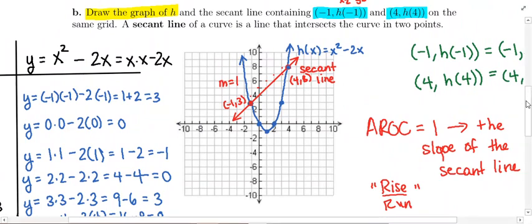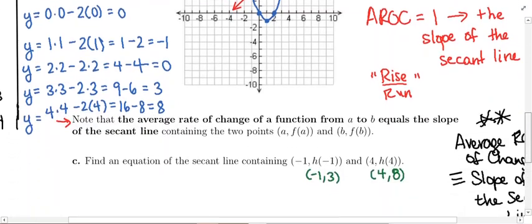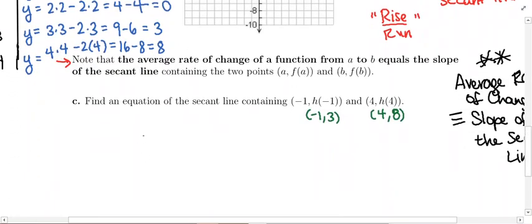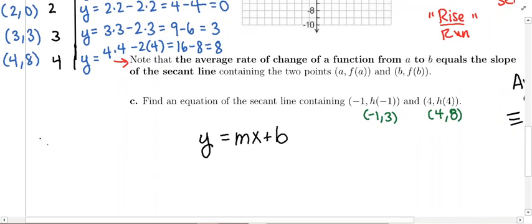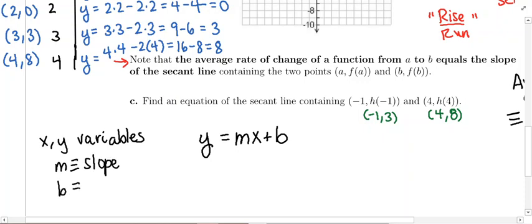So this will give you kind of a heads up. The equation of a line has this format: y equals mx plus b. x and y are variables, m is the slope of the line, and b is the y-intercept.